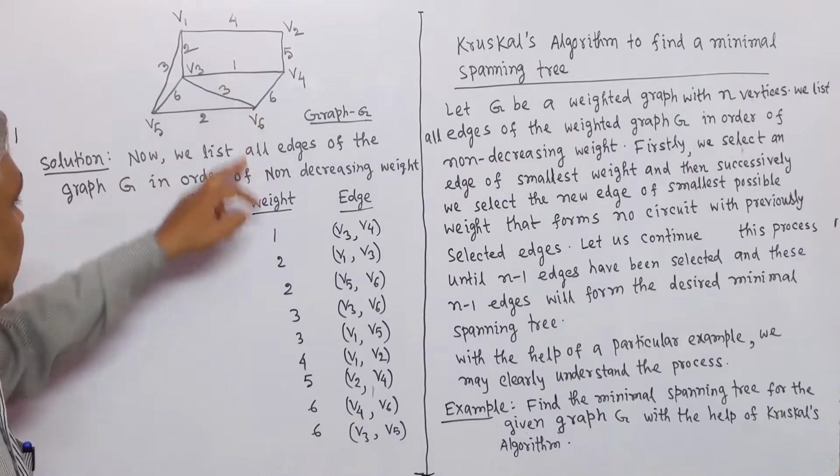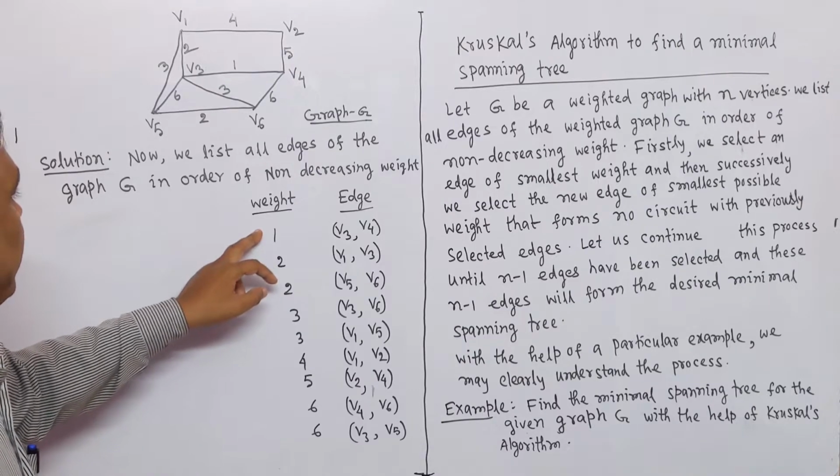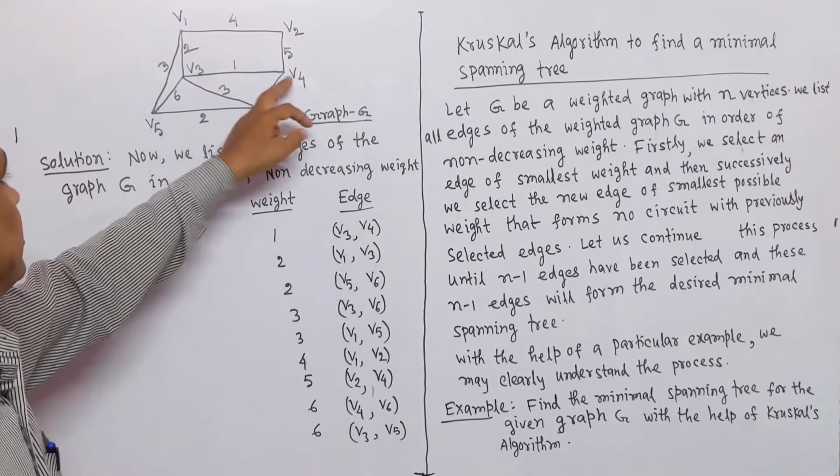Smallest weight is 1, and this weight is for edge V3V4.